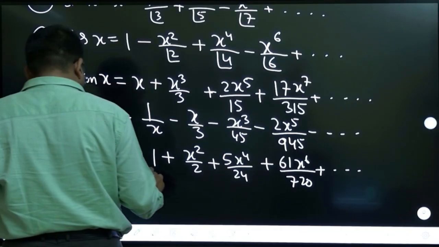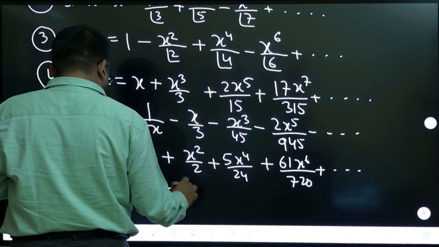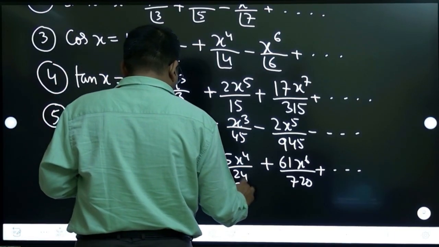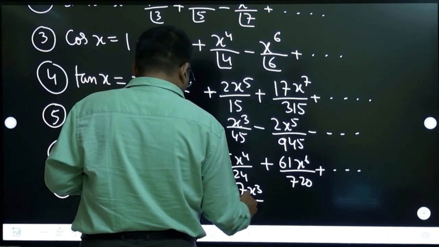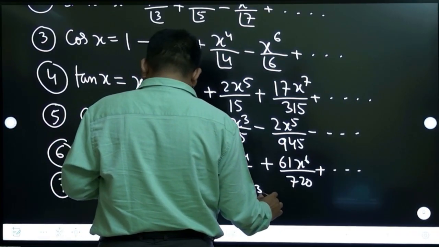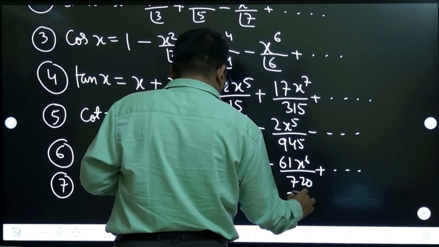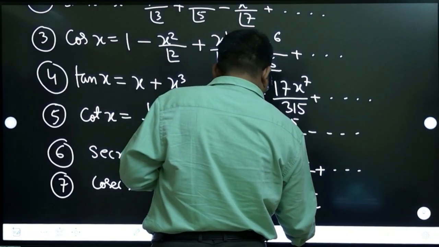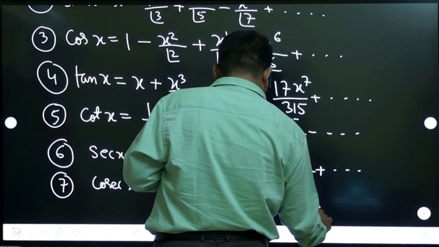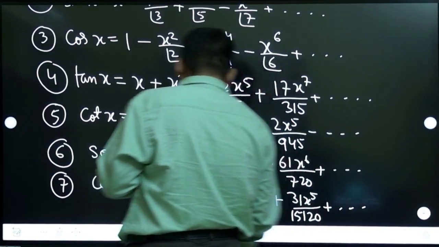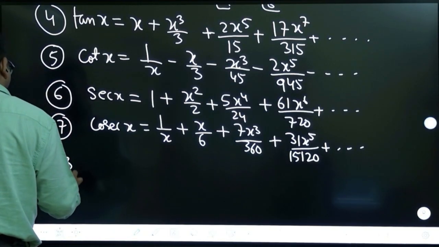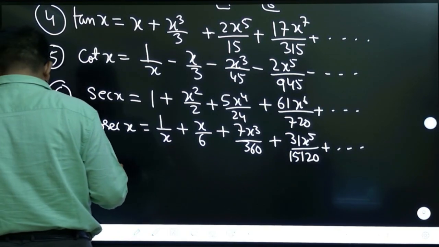Cosecant x is 1 by x plus x by 6 plus 7x cubed by 360 plus 31x power 5 by 15120. Oh, so big numbers are coming. Then next, I will also highlight what are the things we have to remember.